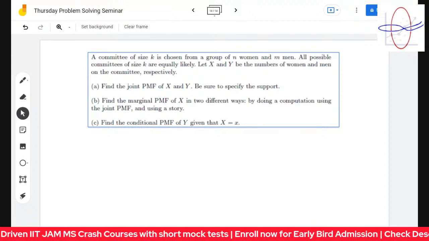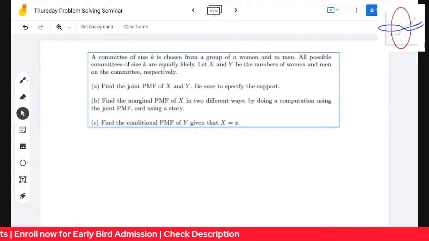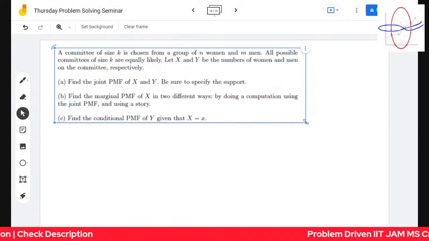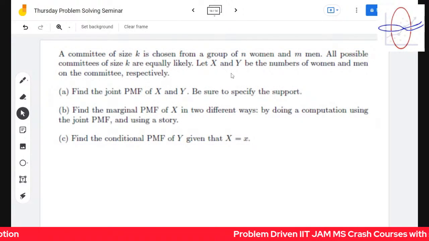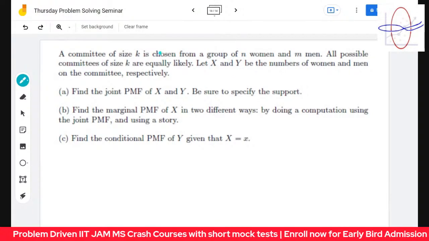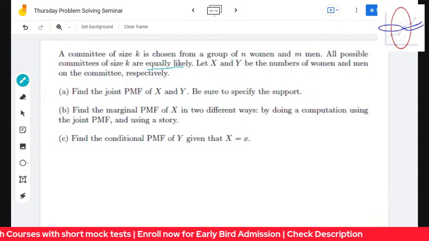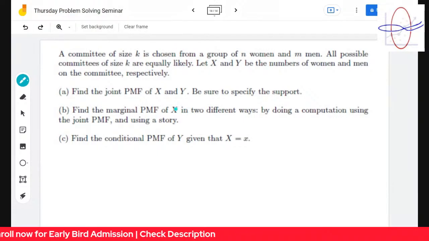It's a random variable. Understand where the probability part is coming from, guys. The probability part comes from the fact that each committee of size k is equally likely. That's where the probability comes in.